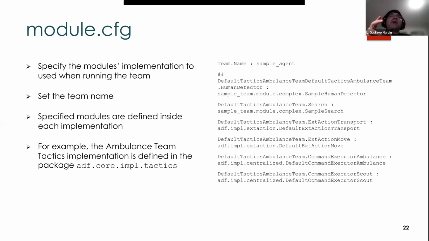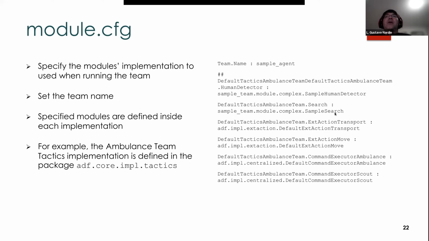So first it allows you to set the name of the team, but then it allows us to define the different modules. Let me focus on the search here. Like the default tactic ambulance team search, it assigns the package sample team module complex simple search.